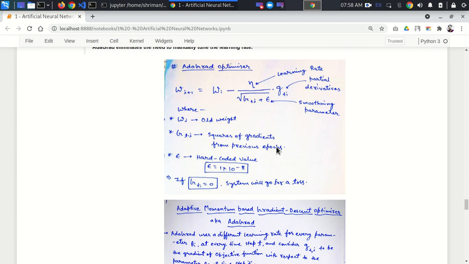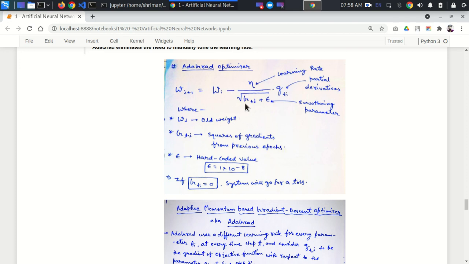But what people have done is calculate the squares of gradients from previous epochs. From each and every previous epoch, they have collected every gradient and squared them up, and that particular term is known as the squares of gradients from previous epochs, which is G_ti.